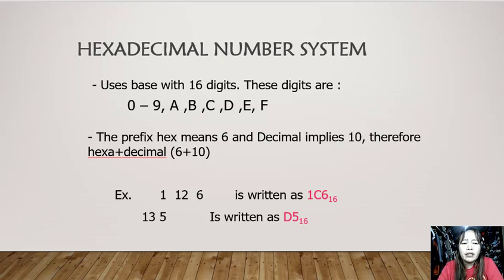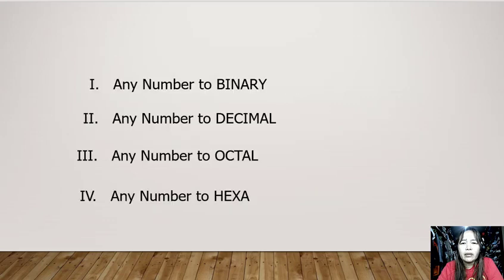In the next videos, I will be sharing how to convert any of these numbers, decimal, octal, and hexadecimal, to binary. We will also learn how to convert any number to decimal: binary to decimal, octal to decimal, and hexadecimal to decimal.